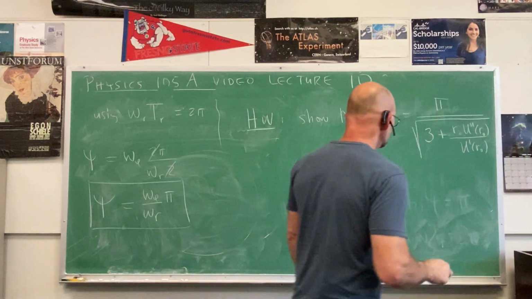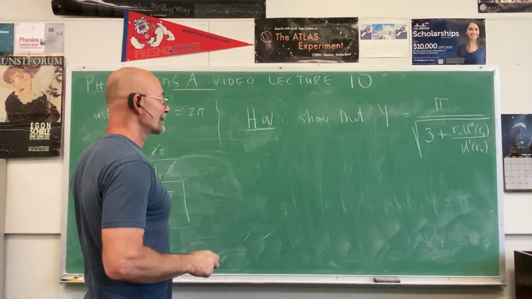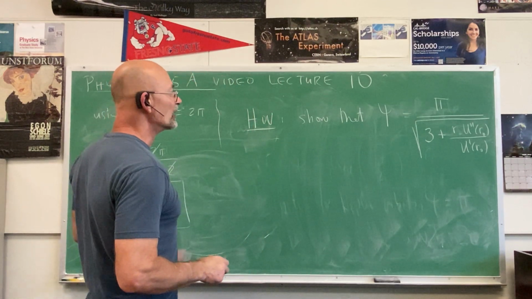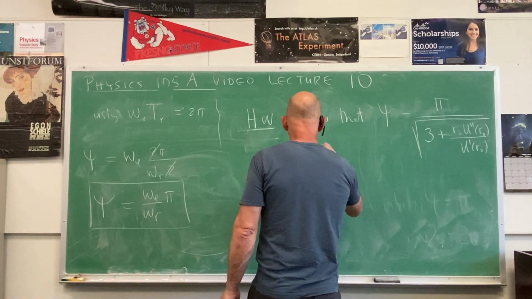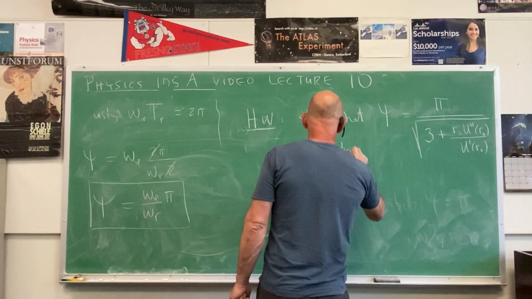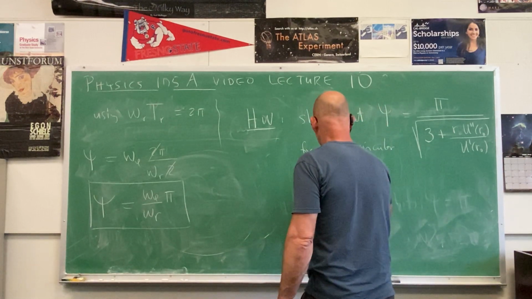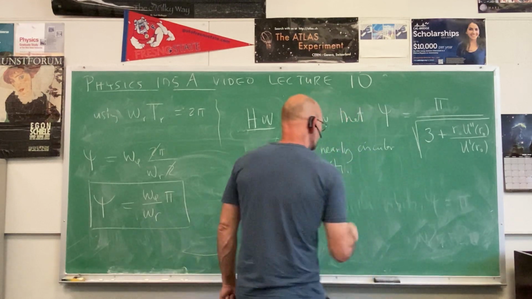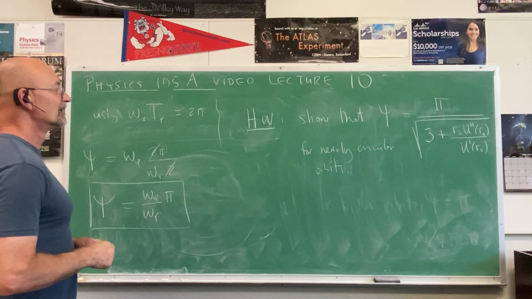Okay. So that's the absolute angle formula for nearly circular orbits. That's what we're going to do, and then we'll get a bunch of examples with that.